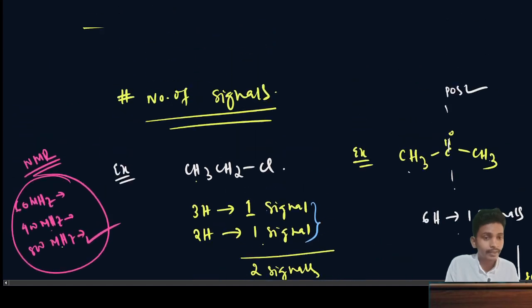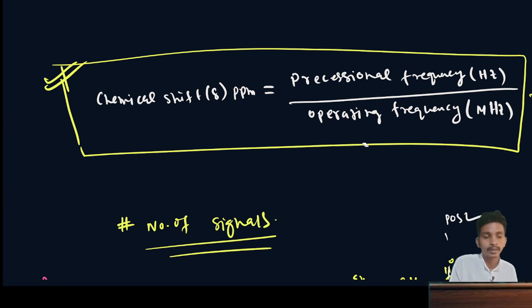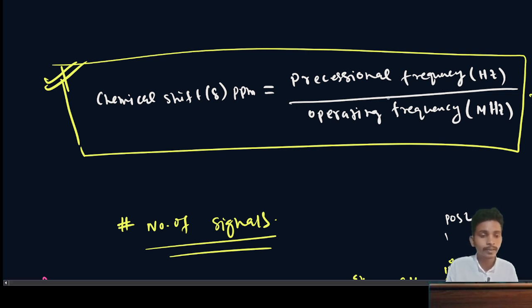If we have taken an 800 megahertz instrument, then we write here 800 megahertz. So this is the operating frequency, meaning the magnitude of NMR we have used. This value is always given. And now they ask for the chemical shift by giving the precessional frequency.